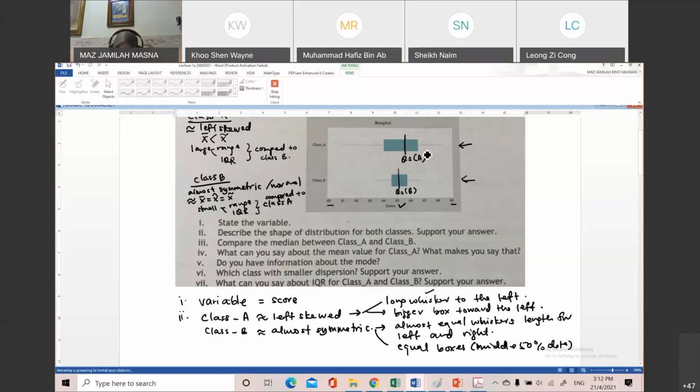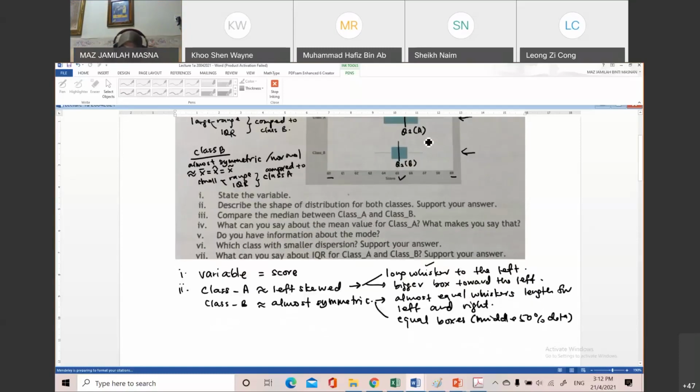Obviously, which median is bigger? Median of A is bigger than median of B.